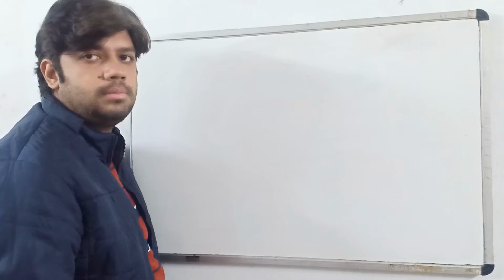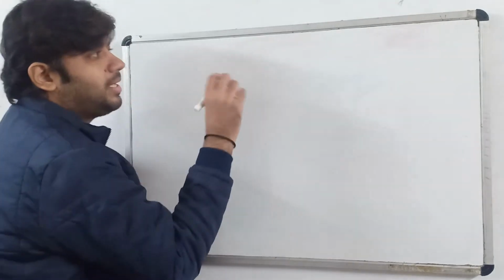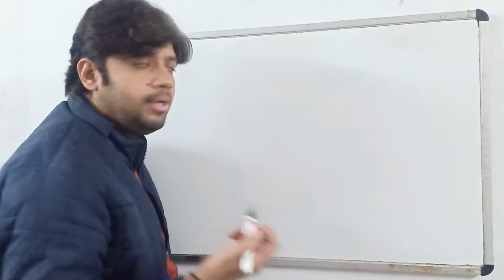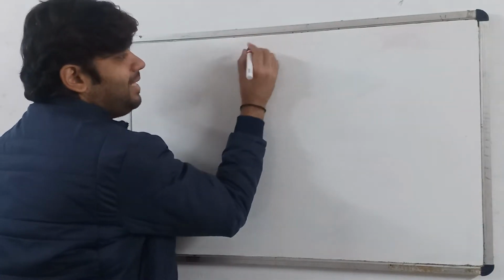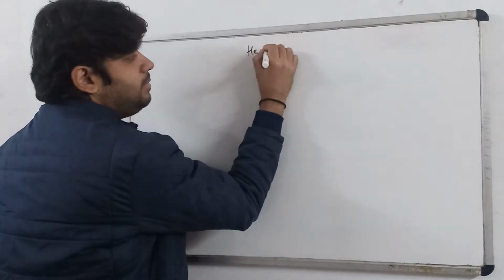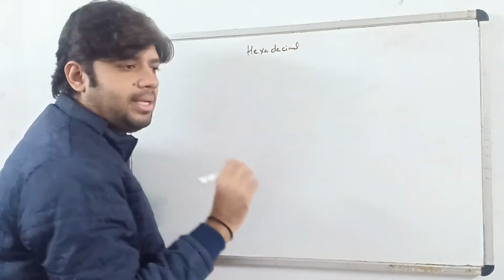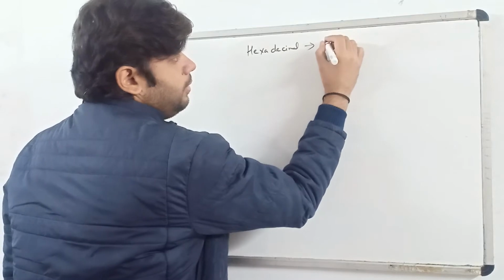Now we'll talk about the conversion of hexadecimal to binary and binary to decimal. In IPv6 it works on hexadecimal, which we already discussed. In hexadecimal we have 4 bits.